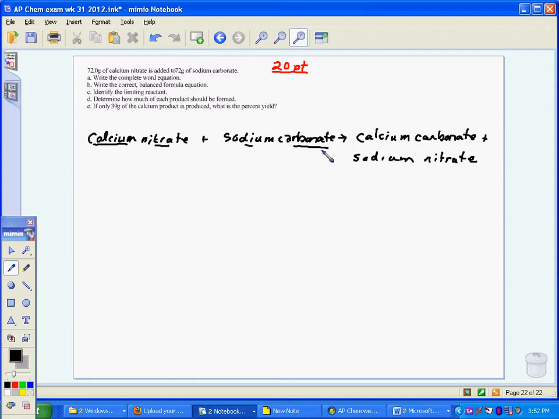Alright, so here I can see whether or not you're able to do a double displacement equation.